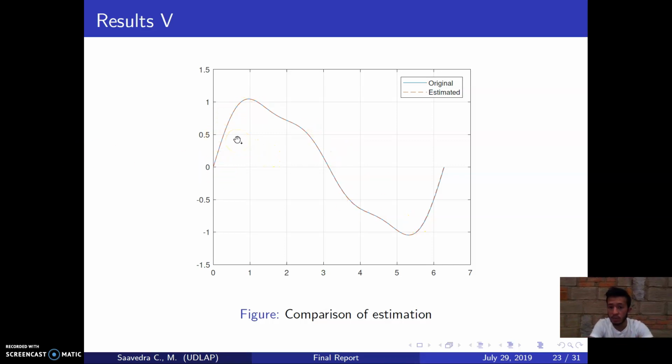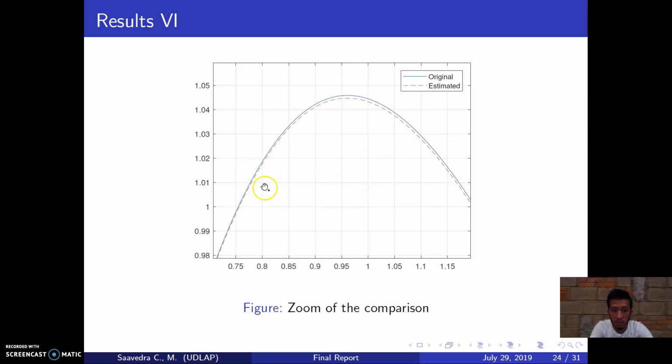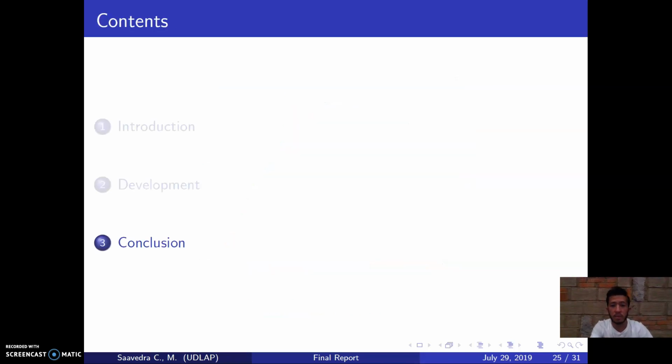As we can see, it is difficult to see a difference, but here are the 2 equations, the original and the estimated. We make some sum, and as we can see, it is not exact, but it is pretty near to our results. So we can say that our method worked.